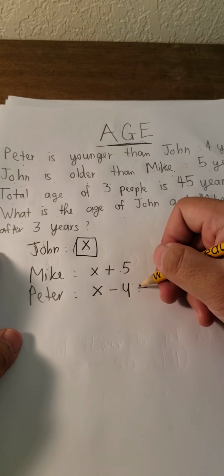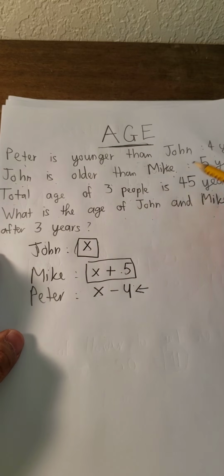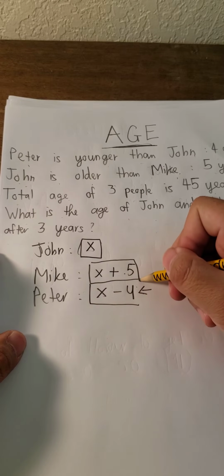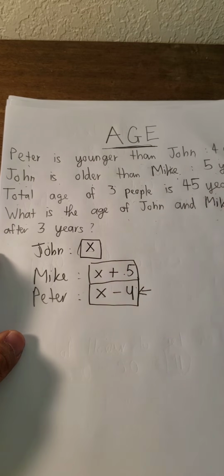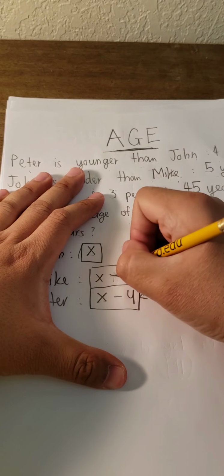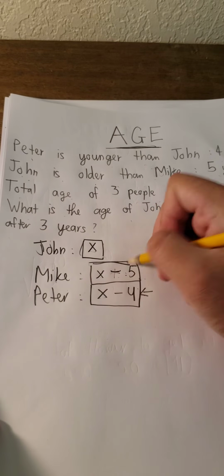So that's the way we do. Oh, no. Sorry. Mike is younger, so Mike is S minus 5.